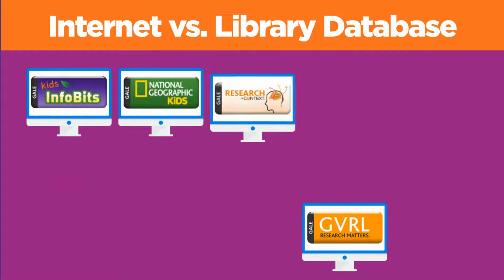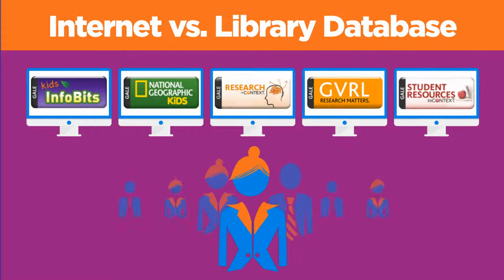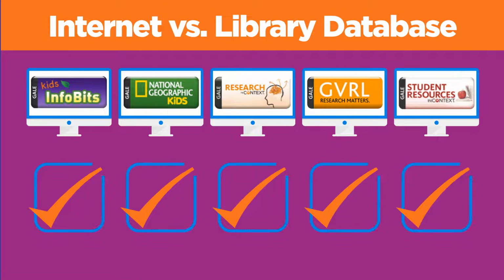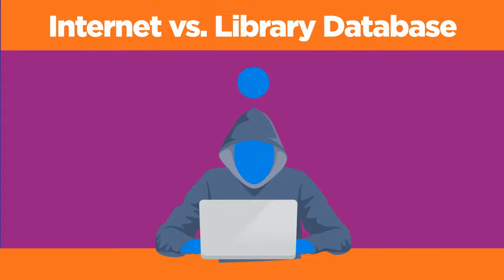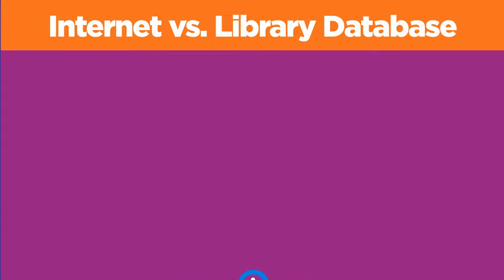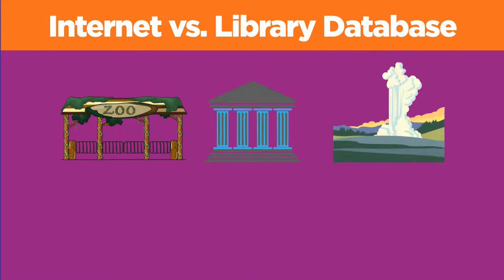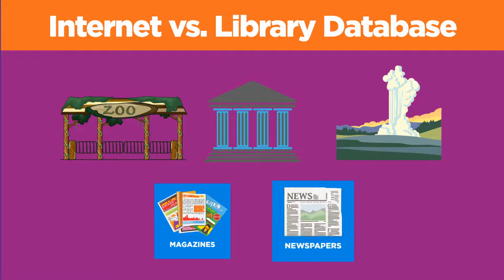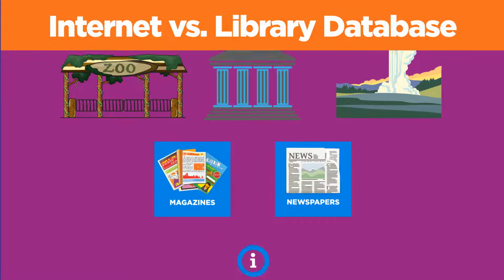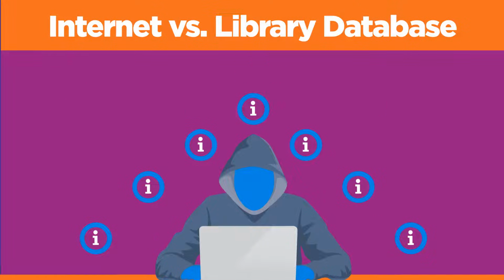Sources in library databases have either been reviewed by professional editors or experts. This adds credibility to the information you find. On the other hand, anyone can post whatever they want on the internet. While some websites, like those from zoos, museums, national parks, and magazines and newspapers, may have been reviewed by editors or experts, many have not.